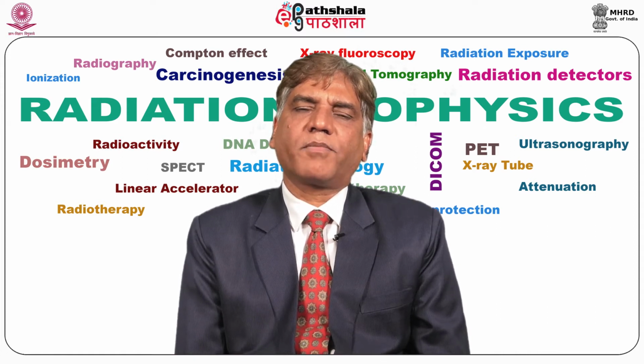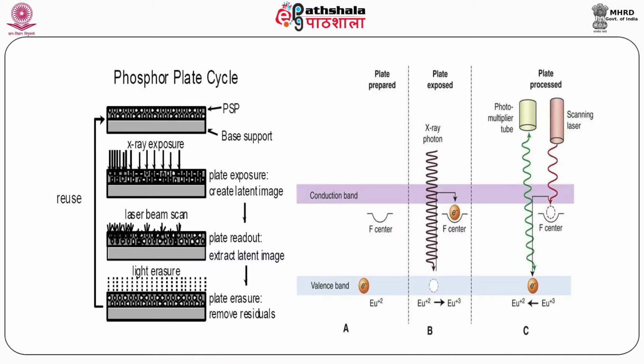A typical CR plate is shown in the figure. You can see all these layers. The heart of this one is barium fluorohalide activated with divalent europium.